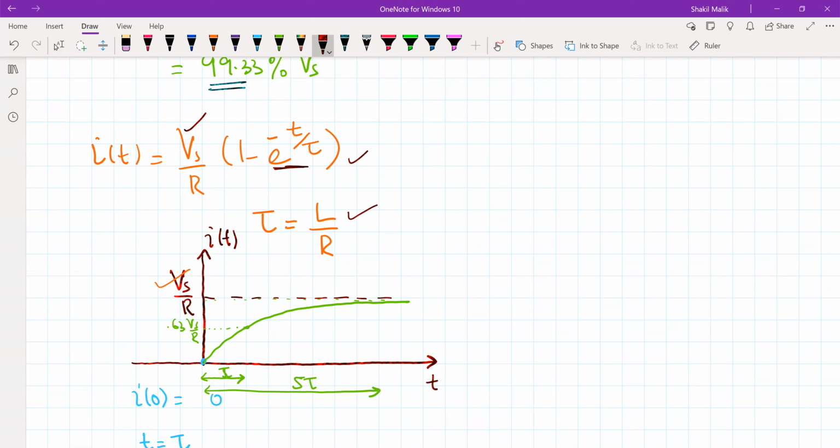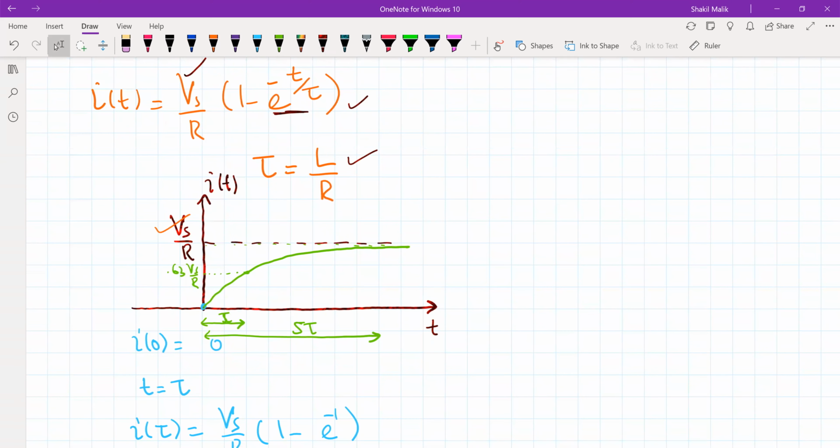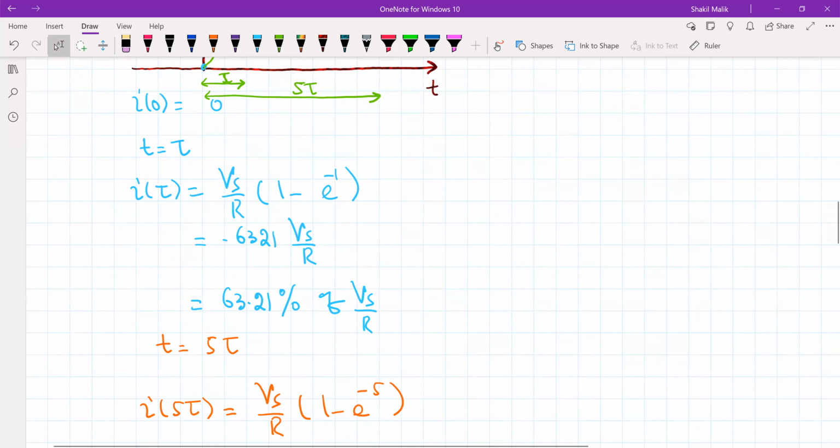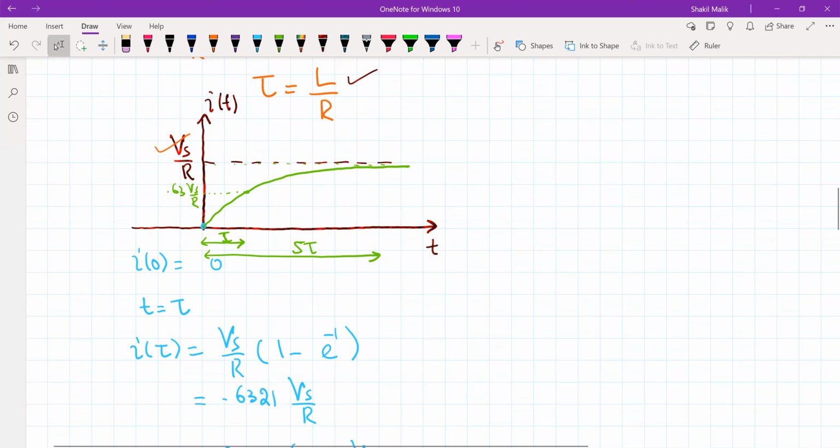The time constant of this circuit is L by R. In one time constant, the inductor current rises again to 63% of its final value, and in 5 time constants, it reaches approximately 99% of the final value. And for practical purposes, we say the inductor current finally reaches the final value in 5 time constants.